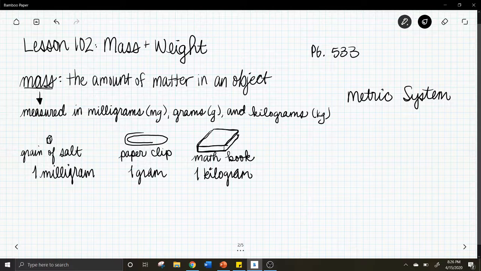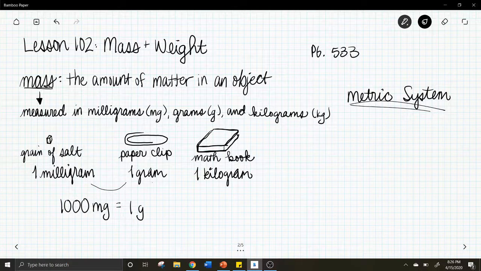And then you'll need to know these ways to convert between the different units of measure for mass. So 1,000 milligrams equals 1 gram. So 1,000 grains of salt would be the same mass as a paperclip. Just remember when we talk about the metric system, the changes are usually changes by powers of 10.